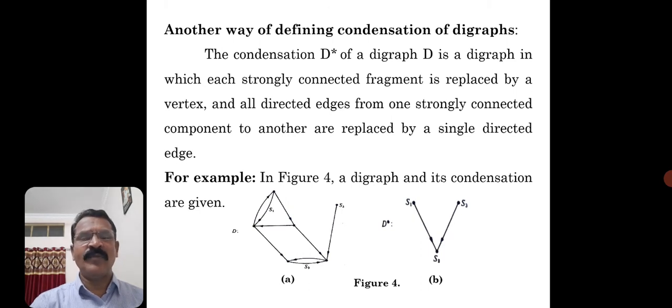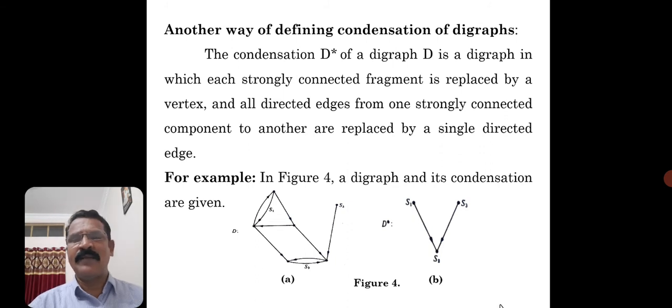Already we have discussed what we mean by component and fragment. The condensation D star of a digraph D is a digraph in which each strongly connected component is replaced by a vertex, and all directed edges from one strongly connected component to another are replaced by a single directed edge.